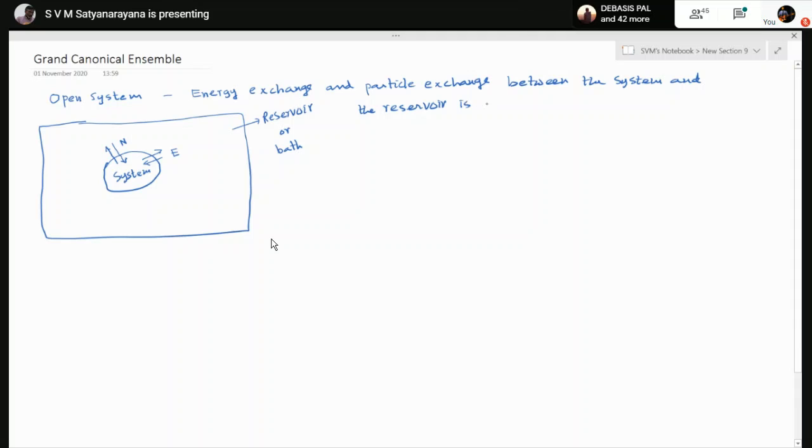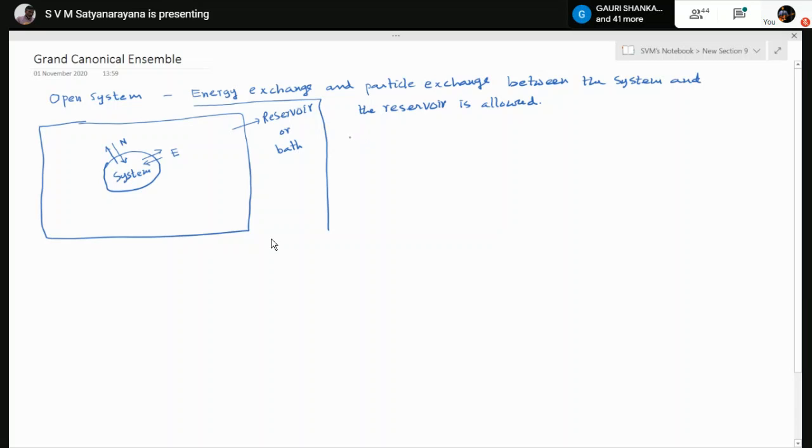That means we cannot say that the number of particles is constant. Just like energy cannot be constant, the number of particles is also not constant.